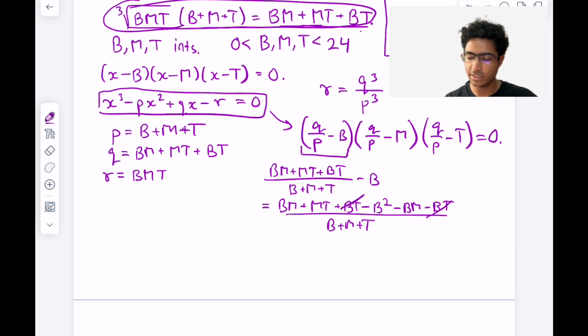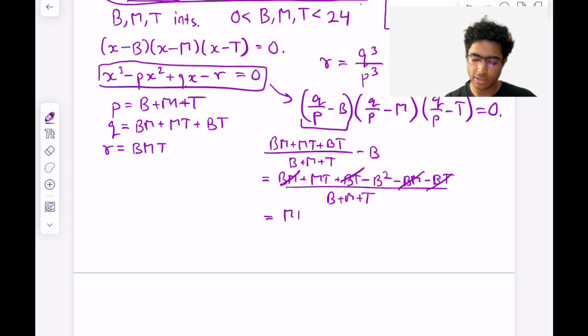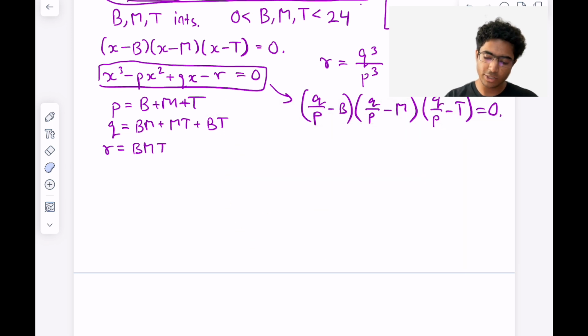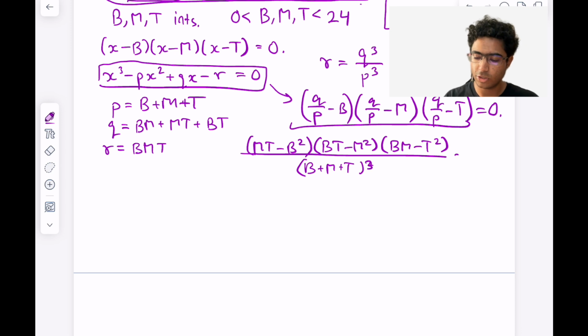We can cancel out bt and bm to get that this is equal to mt minus b squared over b plus m plus t. And that tells us that this entire expression is mt minus b squared times bt minus m squared times bm minus t squared over b plus m plus t cubed equals 0.